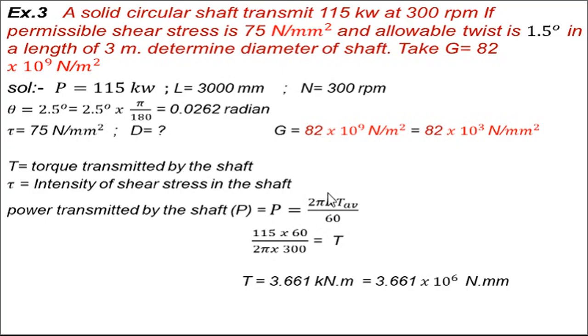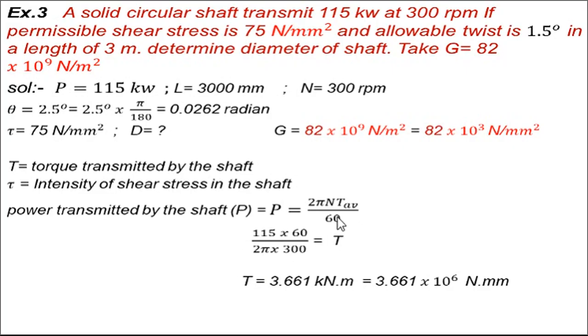Use this equation and put in all the values, because P is already given, power transmitted 115 kilowatt, with 60 divided by n; the number of revolutions is also given. Torque is not given here, so there is only one unknown, the torque.